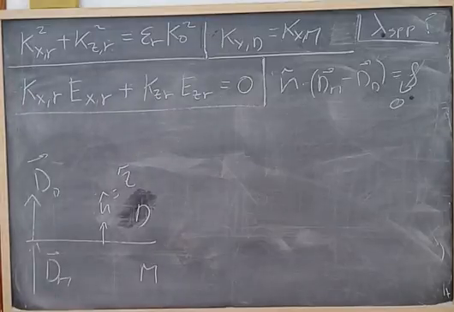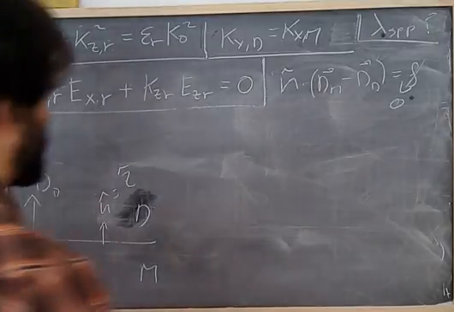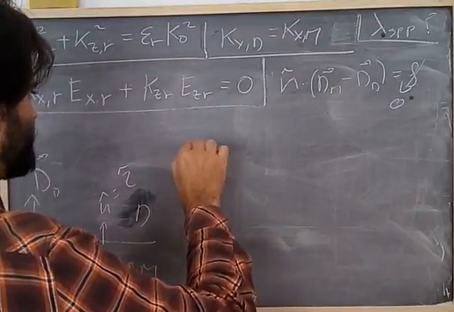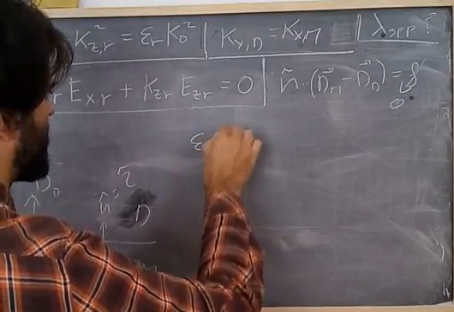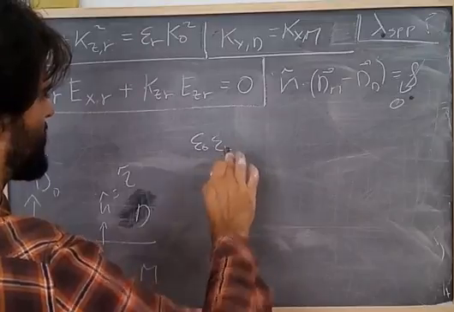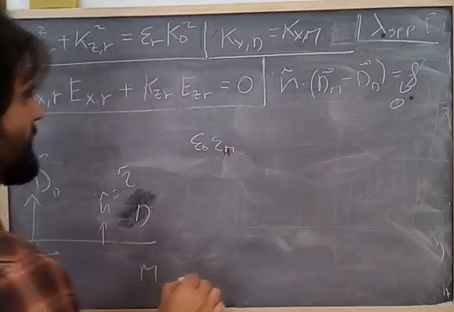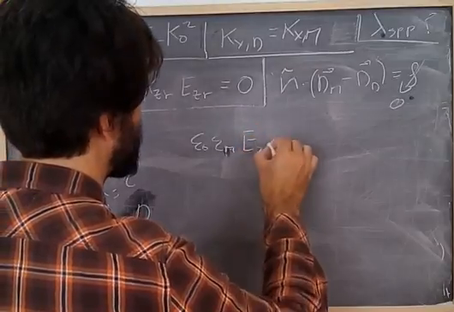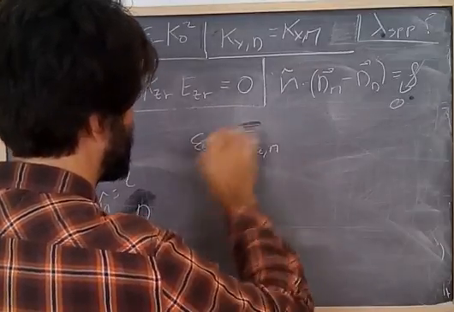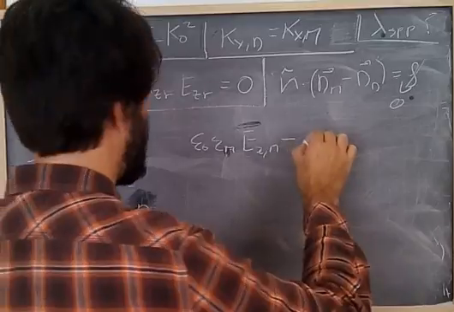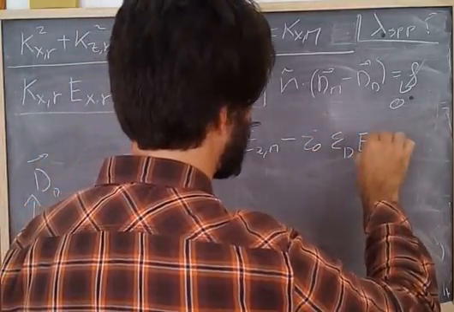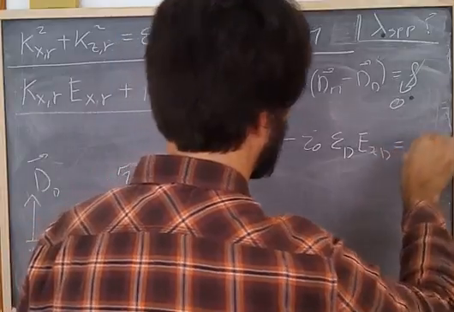So in the beginning of this calculation, we said that there is no charge in the interface. This value is 0. So we can rewrite this in terms of epsilon 0 epsilon r. In this case no r, it's metal: epsilon 0 epsilon metal Az metal minus epsilon 0 epsilon dielectric Az dielectric equals 0.